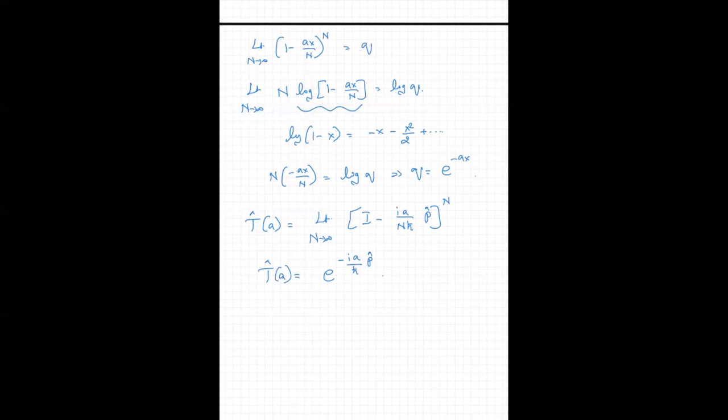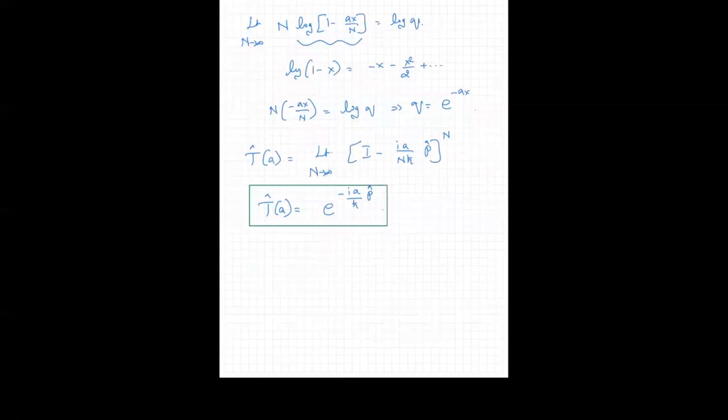So once I know the form of the generator, all I have to do is exponentiate the generator to get my finite translation. Simple enough?